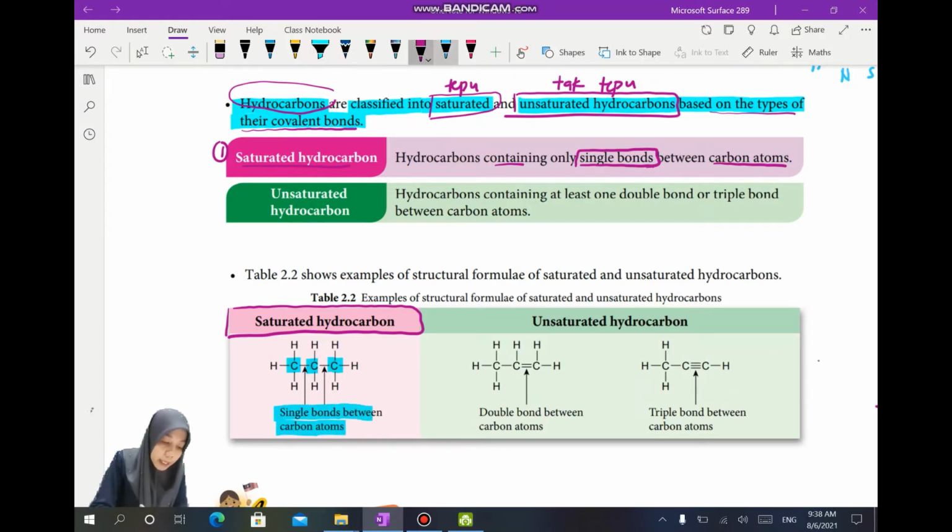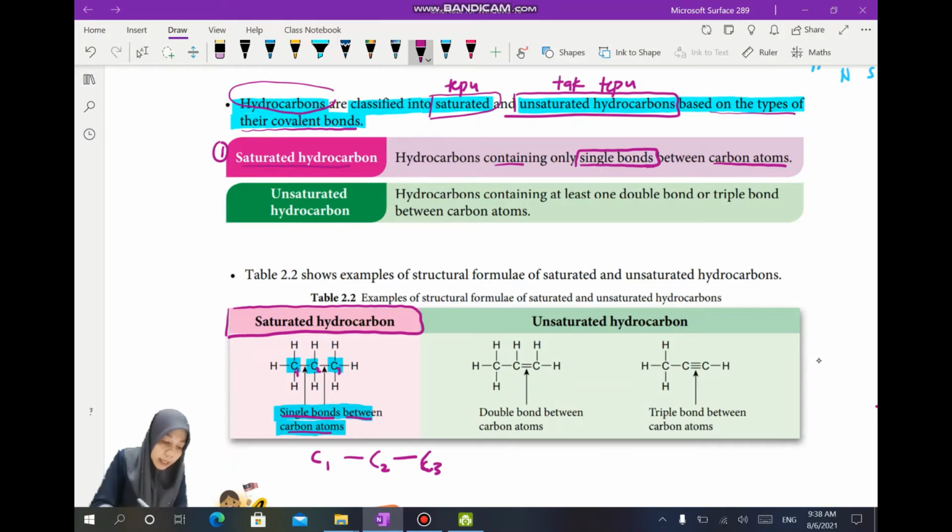So, di antara atom carbon ini, kamu tengok di antara atom carbon 1 dan atom carbon 2. Contoh yang ni cikgu jadikan ini C1, and then this C2, and then this C3. Kalau kita tengok, it has single bond between carbon atoms, between C1, C2 and C3.